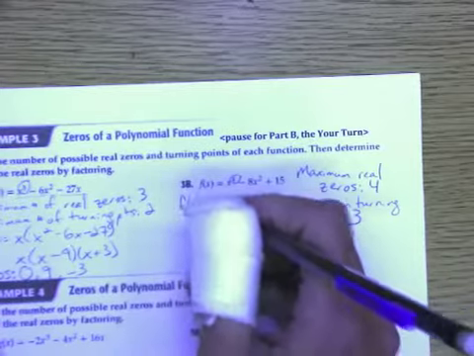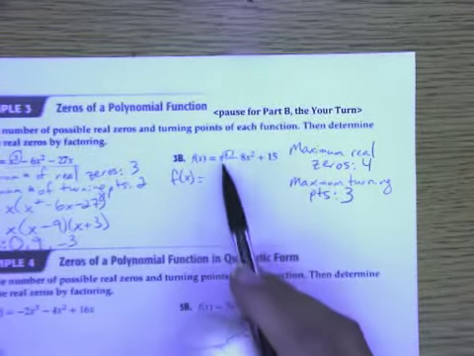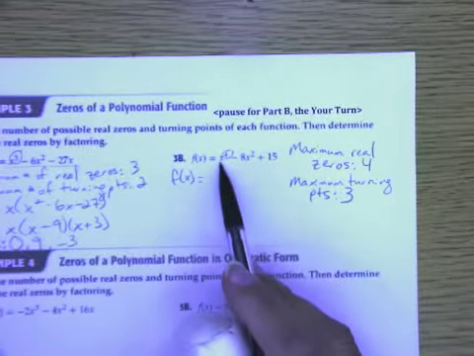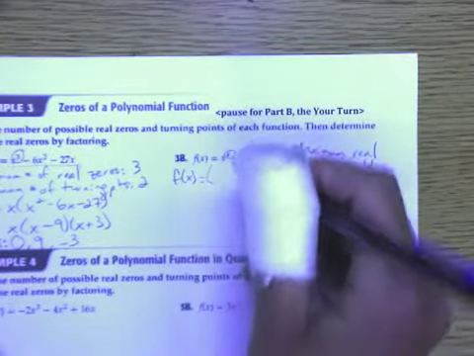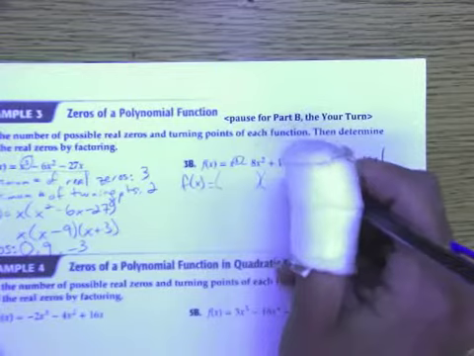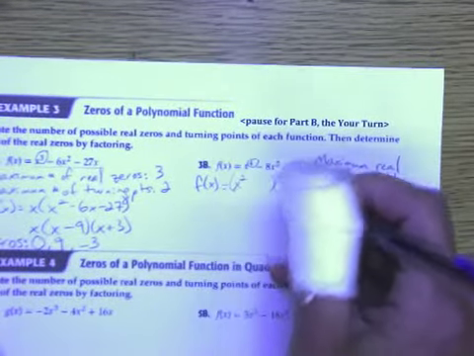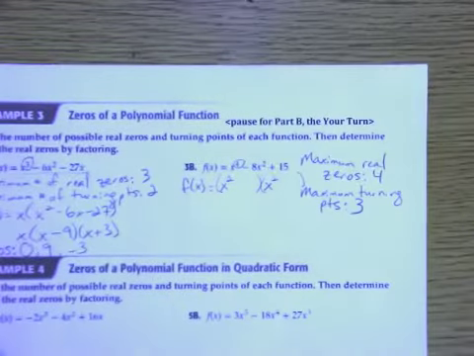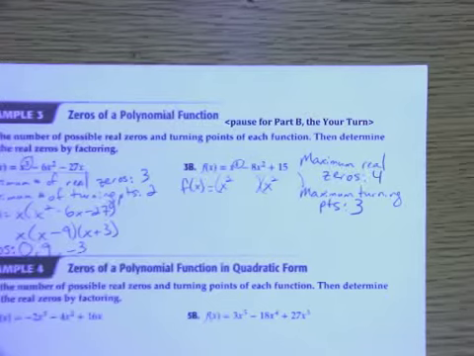So f of x equals, now this polynomial doesn't have a greatest common factor. But look at these exponents. This is x to the fourth. This is x to the second. We can factor this into two binomials where these will be x squareds that I multiply together in order to get that x to the fourth.